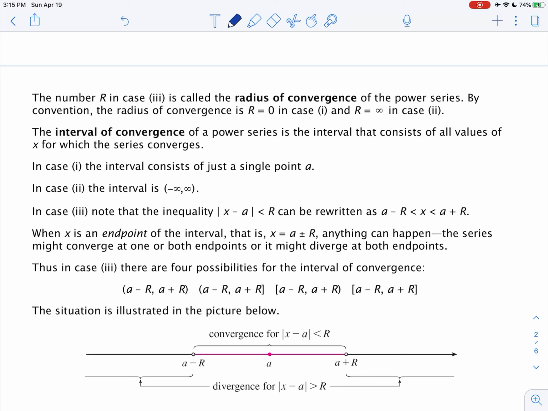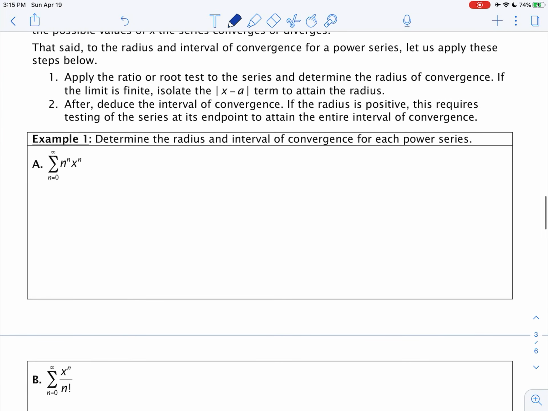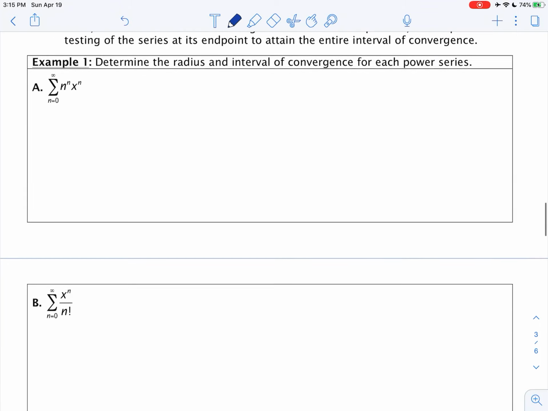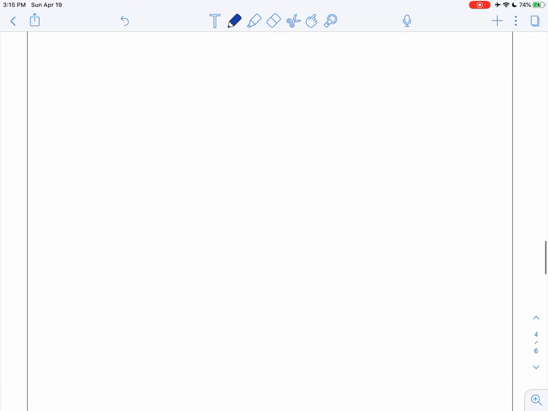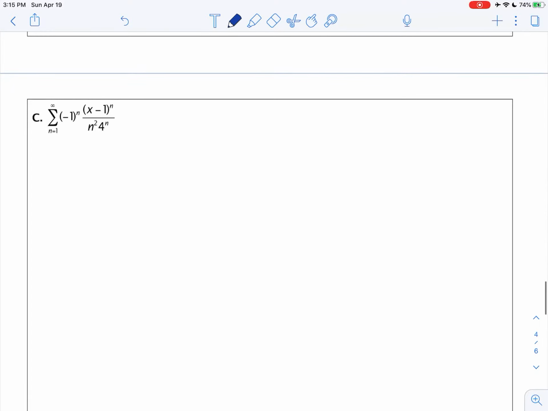So we want to actually force convergence and then find the values of x. Good. So this is how we will do that. And I believe the first two instances here, we're going to get either case 1 or case 2. And I actually want to move forward and do a case 3 first.